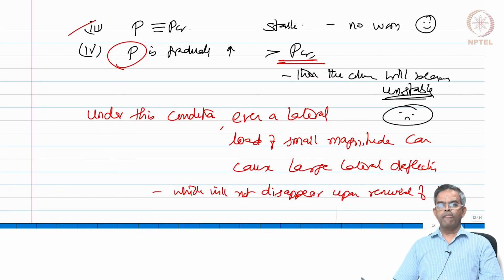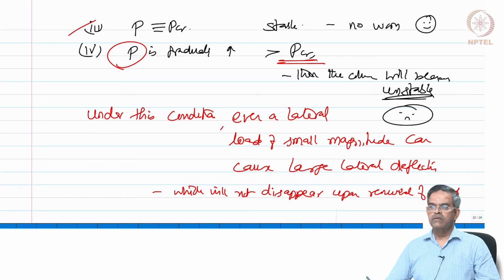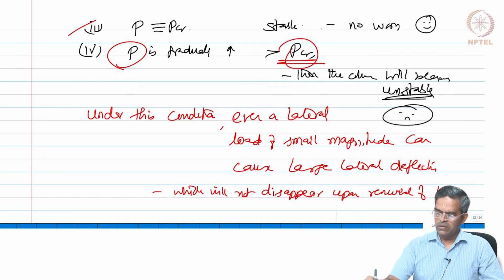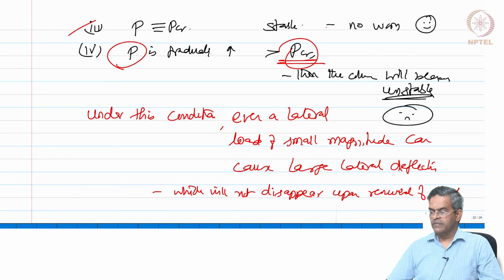Therefore, friends, it is very important for a given column member to compute this PCR. And we should be very clear, if this critical load capacity of the column is exceeded, the column will become unstable. And we already said instability is a form of failure.